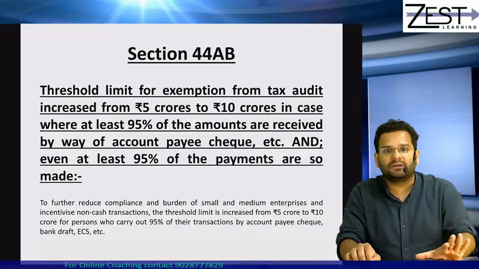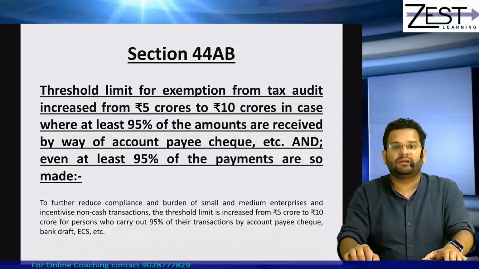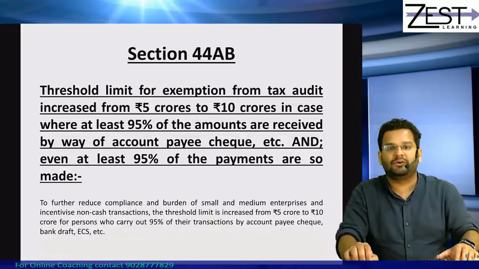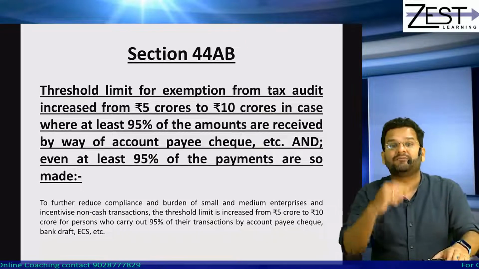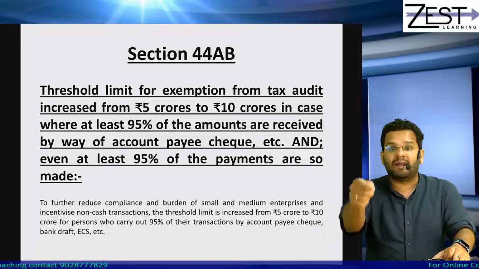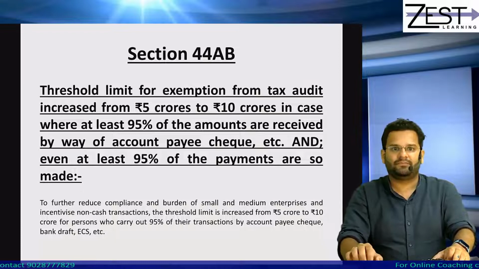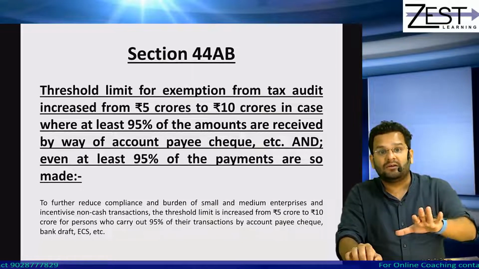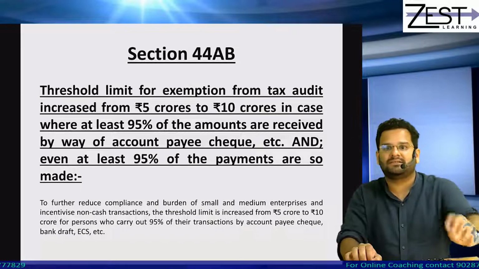In short, what is the acceptable limit in cash? It is 5%. Okay, remember that. Suppose both are within 5%, my payments against my expenditures and my receipts against my turnover, then for tax audit, my threshold limit will be 10 CR.